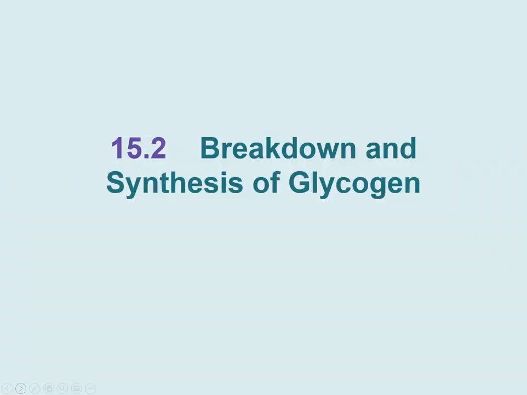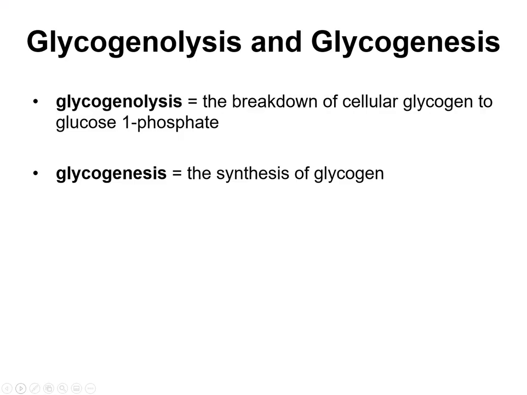Let's talk about how we break down glycogen and how we rebuild our stores. The two processes for that are glycogenolysis, which is the breakdown, so lysis is splitting, and the result of that is glucose 1-phosphate. Glycogenesis is you're synthesizing it, so genesis, making something.